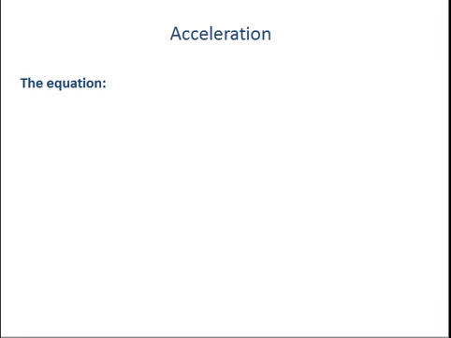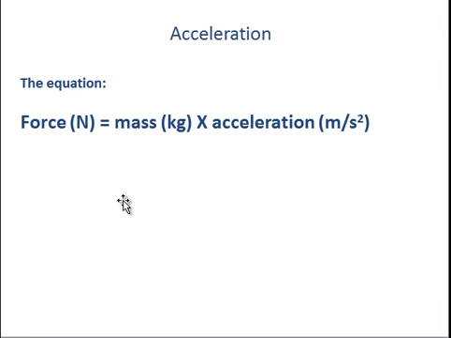Finally we get to the equation for acceleration that you will have in your physics data booklet in the exam. When looking at equations, it's always good to think about the different units. Force is measured in newtons, mass is measured in kilograms, and acceleration is measured in meters per second squared. Force equals mass times acceleration, but if we're going to be asked to work out the acceleration, we're going to need to do some rearranging.